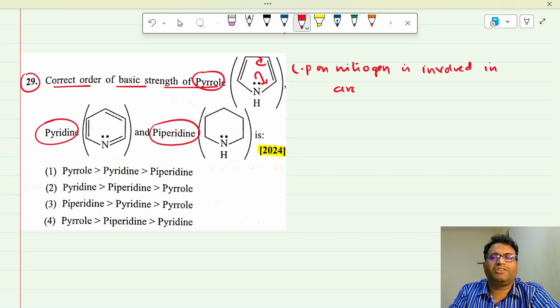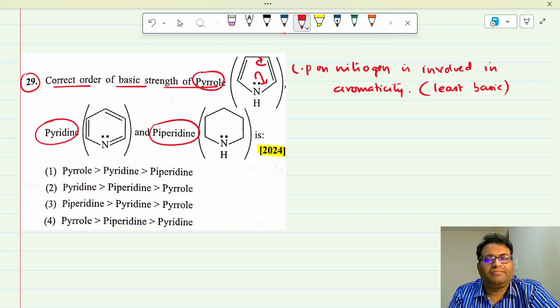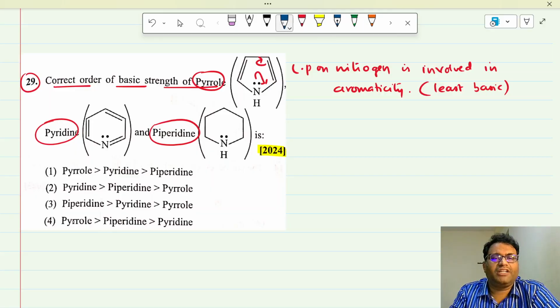This we have already seen in the pyrrole molecule. So least basic, as this pair of electrons is not at all available. When coming to piperidine, this is a plus I group, and nitrogen undergoes sp3 hybridization.